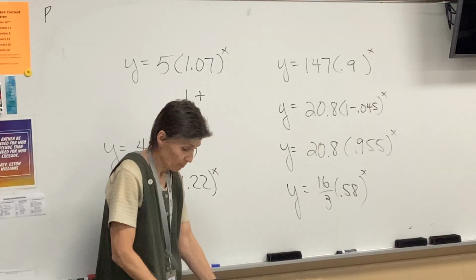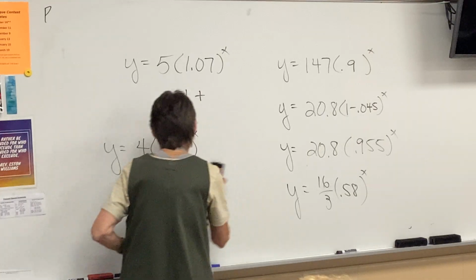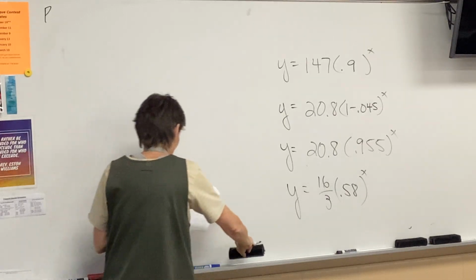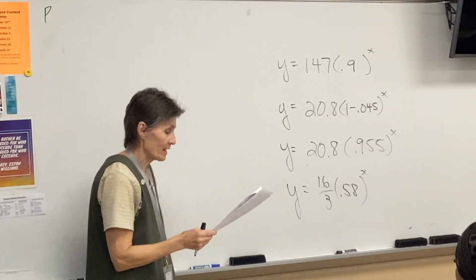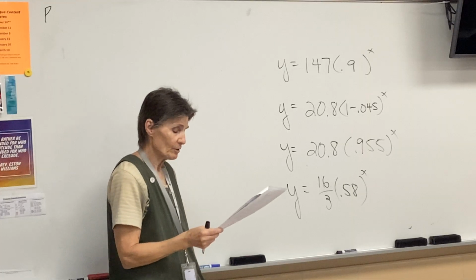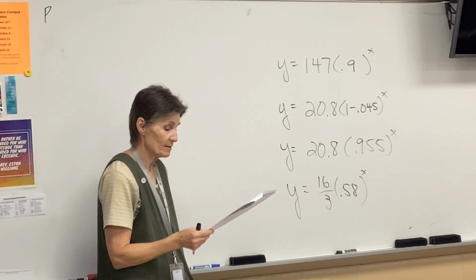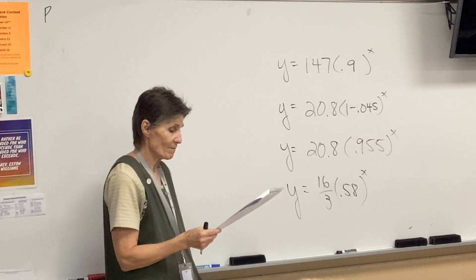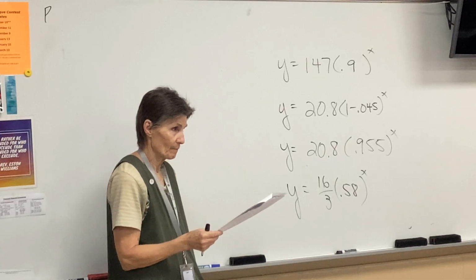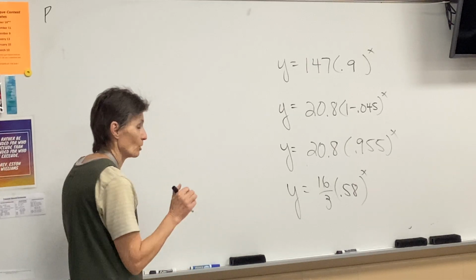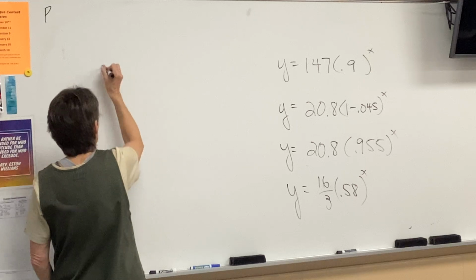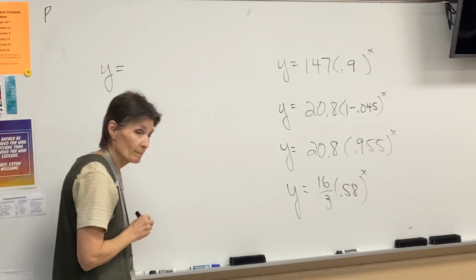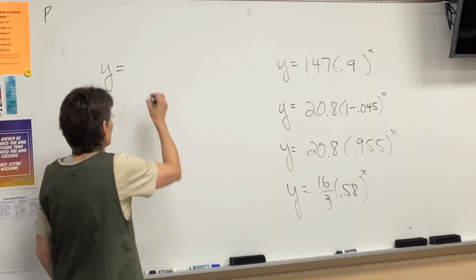Okay, well now we're gonna do a couple word problems. Population of Calcville was 123,000 in the year 2000. It decreases 2.5% each year. All right, let's write an equation like this for this situation. What is our initial value? 123,000.